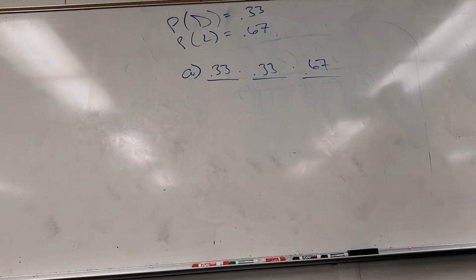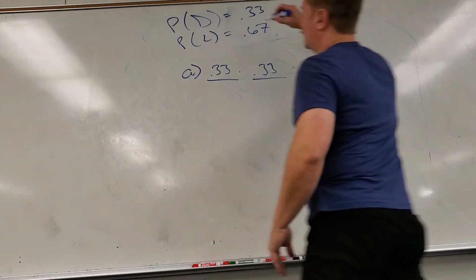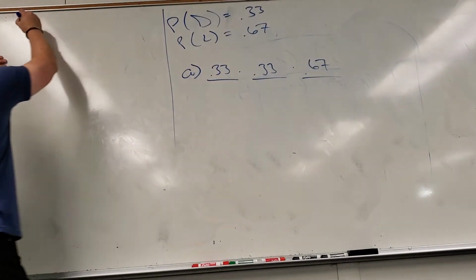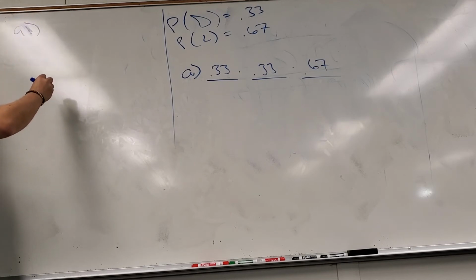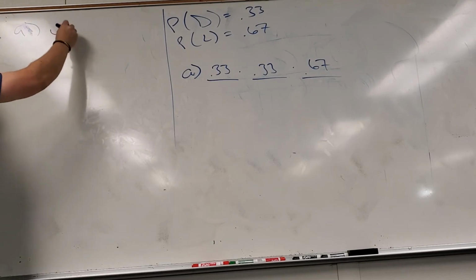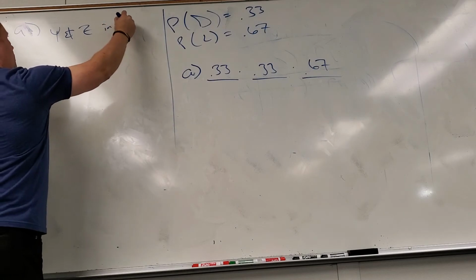So Y and Z are independent for 91, right? So what can I write down about Y and Z? There's 2 things I could write down.